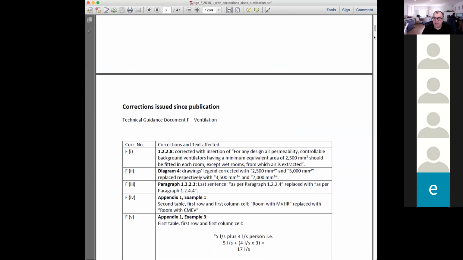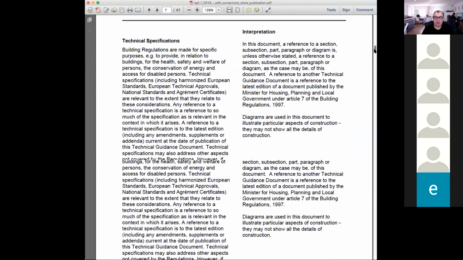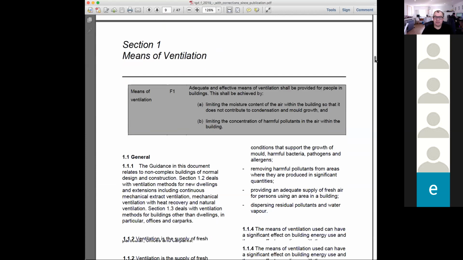So we're going to skip through it. We're going to see that the actual regulation that I just showed you on PowerPoint is here. And this is the breakdown of it.